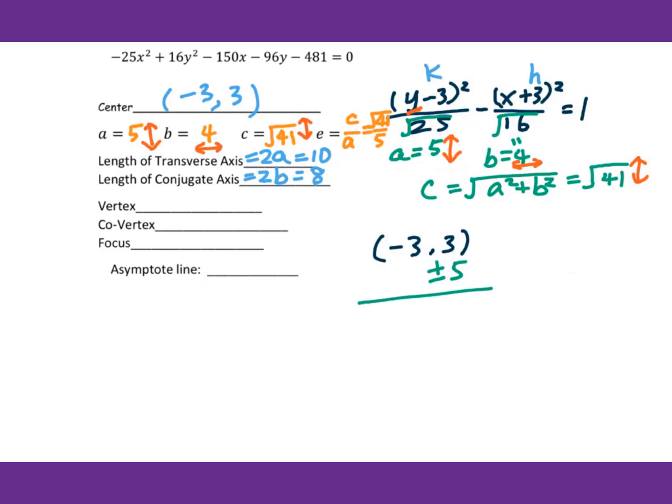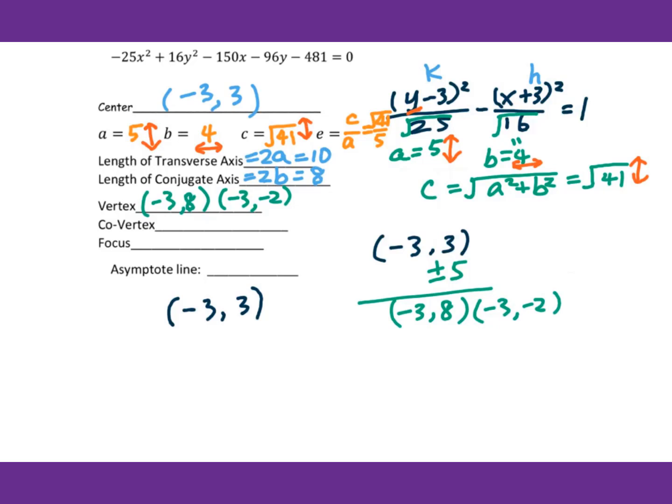You add 5, you will get negative 3, 8. You subtract 5, you will get negative 3, negative 2. So the vertices are negative 3, 8 and negative 3, negative 2.